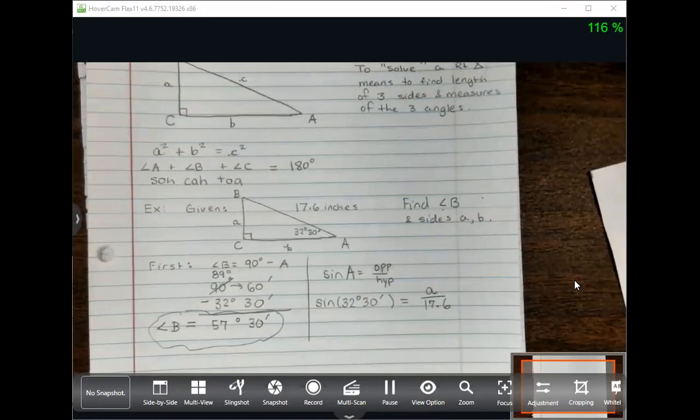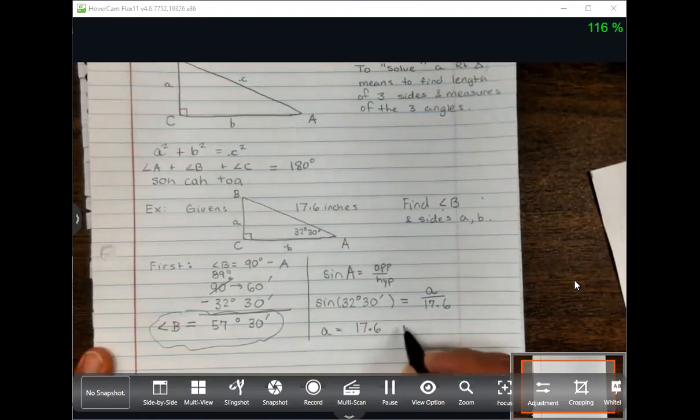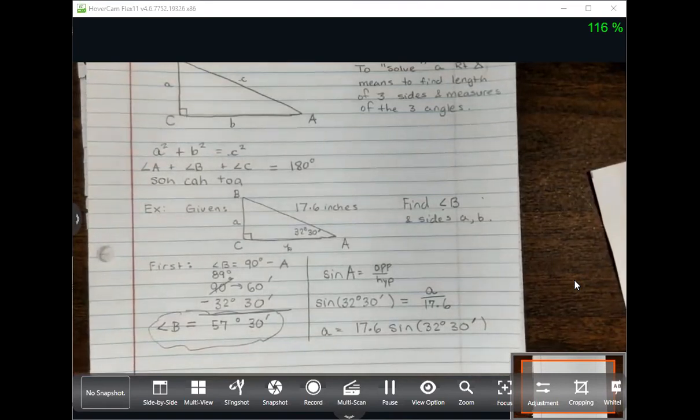So that's the way you would leave it on a test. You would say A is equal to 17.6 times the sine of 32 degrees, 30 minutes. That's exactly what you would put on your test right there.